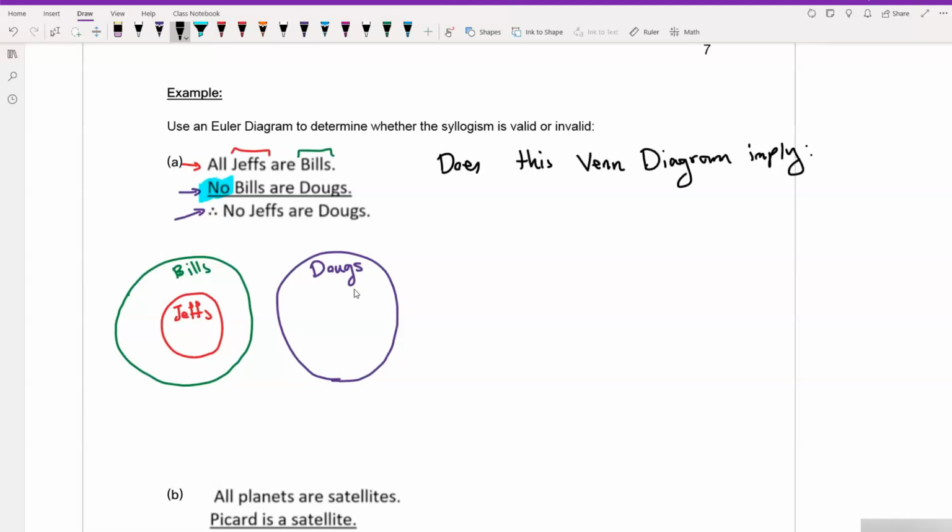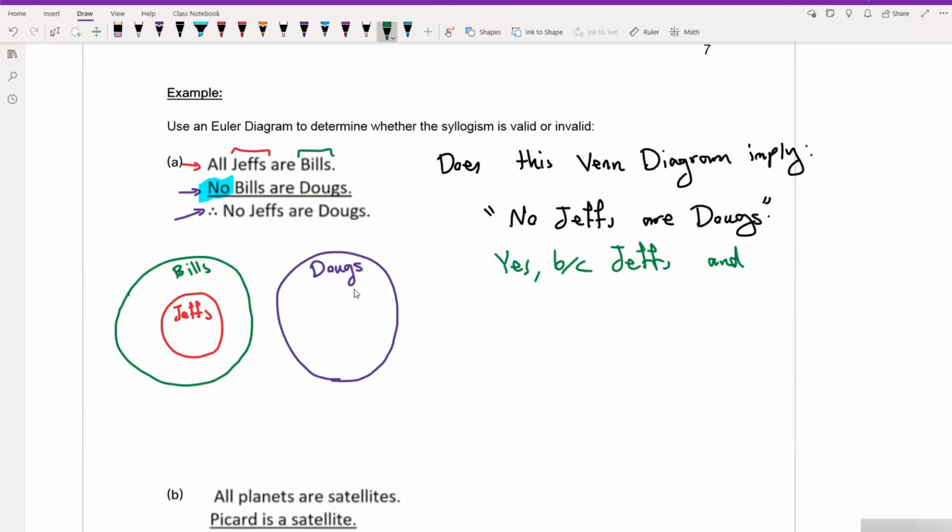Does this Venn diagram imply our conclusion, no Jeffs or dogs? Our answer was yes, and that was because Jeffs and dogs have nothing in common.